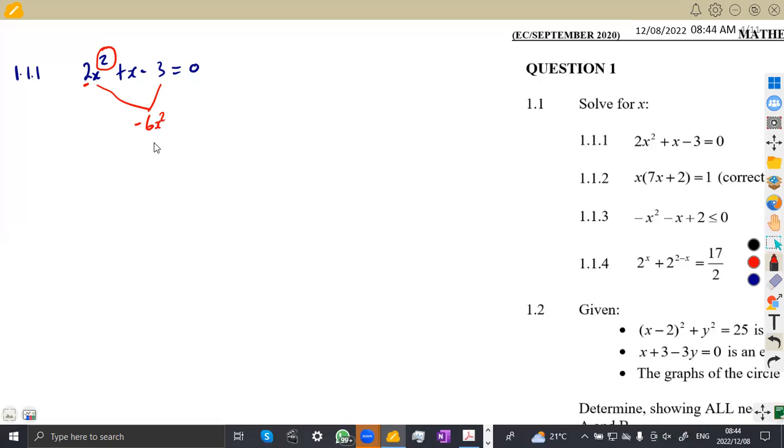By factors, we are referring to two terms that when you multiply, they will give you negative 6x squared, but if you add those factors, they must give you the middle term, which is 1x. So we've got factors such as 2x and negative 3x. If we multiply this, we've got negative 6. If we add, we have got negative x.